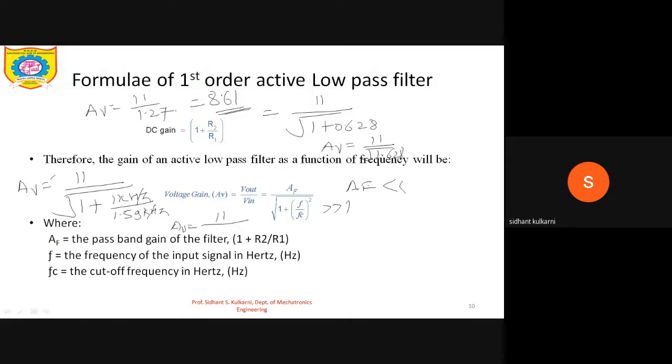Voltage gain, you have calculated AV. DC gain, you have calculated as 1 plus R2 upon R1, that is 11. You have calculated voltage gain AV as AF divided by square root of 1 plus F upon FC, where AF is the gain with feedback, 1 plus R2 upon R1, F is the frequency of the input signal in hertz, and FC is the cutoff frequency.